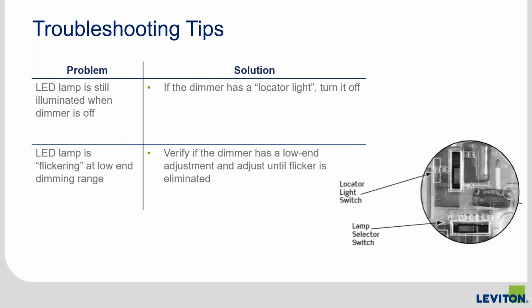Now, like I mentioned before, in 2-wire dimmers, in order to power that light, you have to leak certain current through the load. And some sensitive LED bulbs may turn on or flicker slightly when that's happening. The solution for that is to turn the locator light off. And all of our dimmers have that feature.